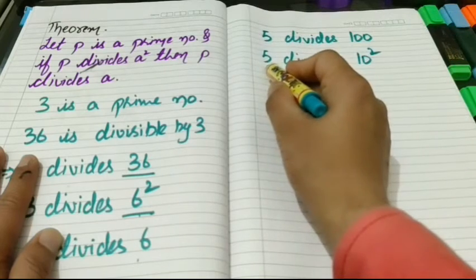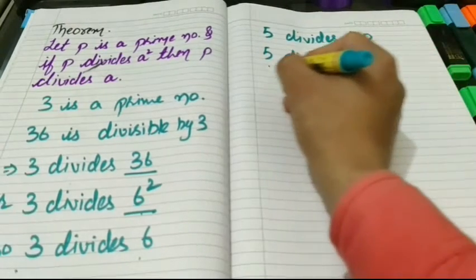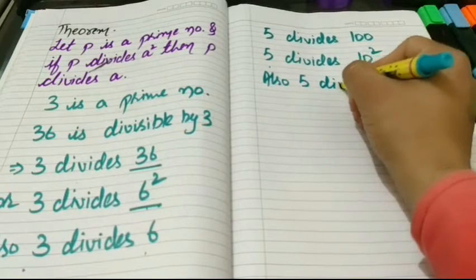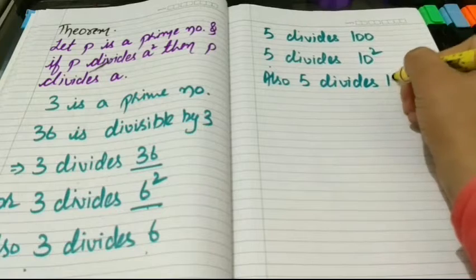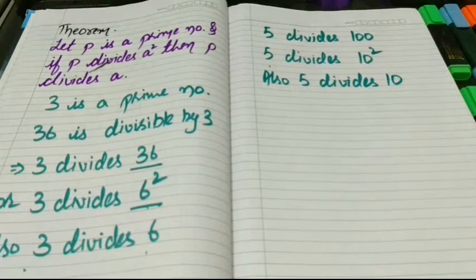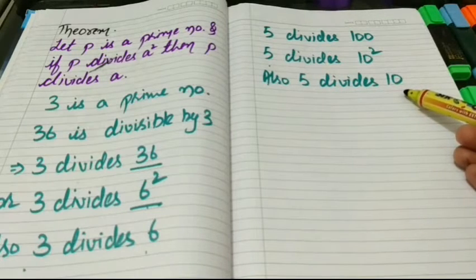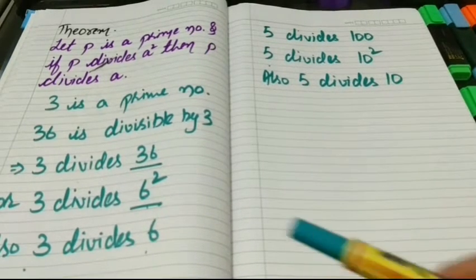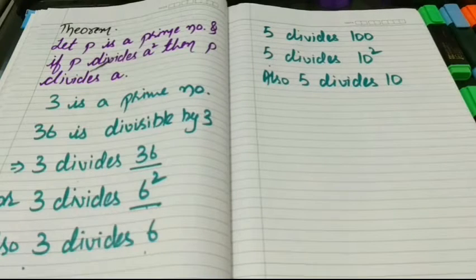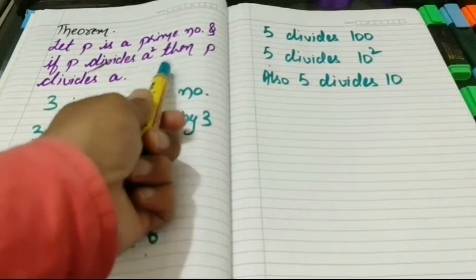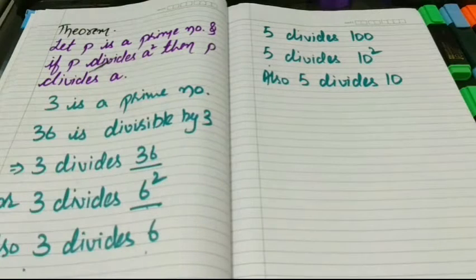So 5 divides 10 square, and also 5 divides 10. So we can conclude that if 5 divides 10 square, then 5 divides 10 as well. From these cases, we generalize that if p is a prime number and p divides a square, then p divides a also. Now we have to use this to solve various questions. So let us start with the questions now.